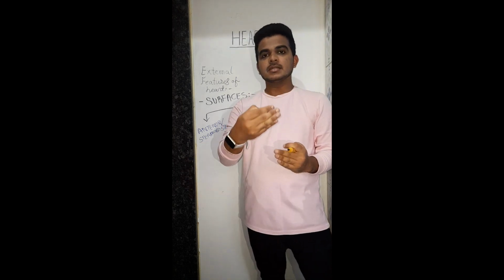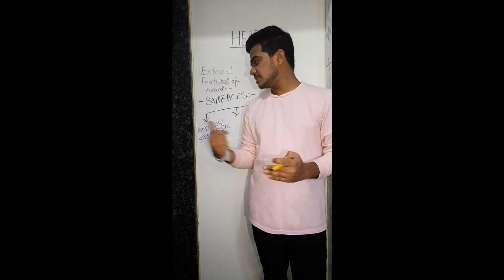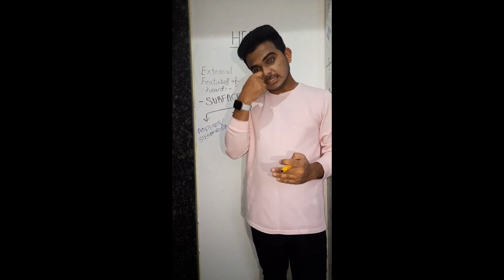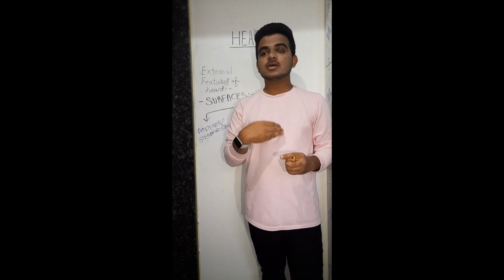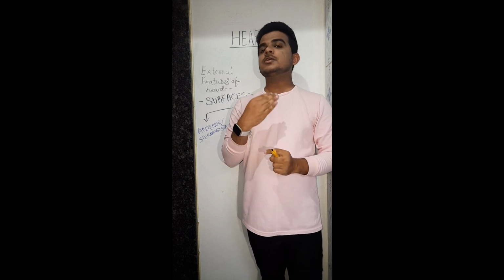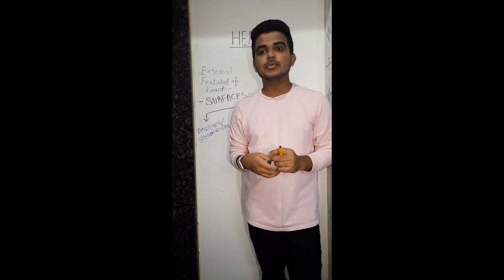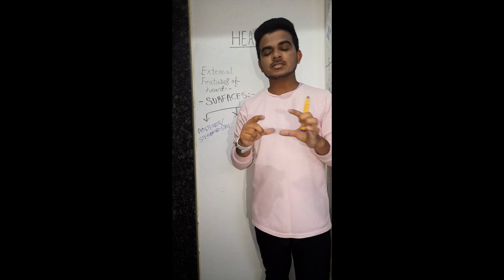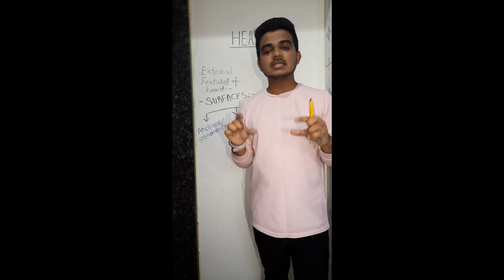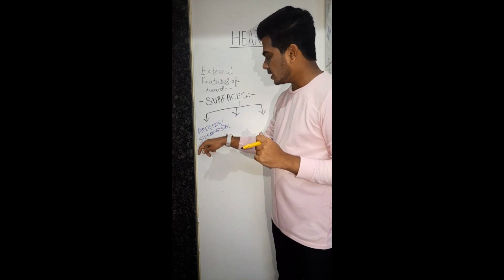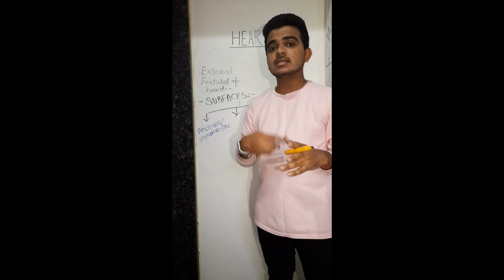Anterior means front of the heart. Why is it called sternocostal? Because if you see in front of the heart, there is the sternum bone, and the costal cartilages and intercostal muscles there. That is called the sternocostal or anterior surface.